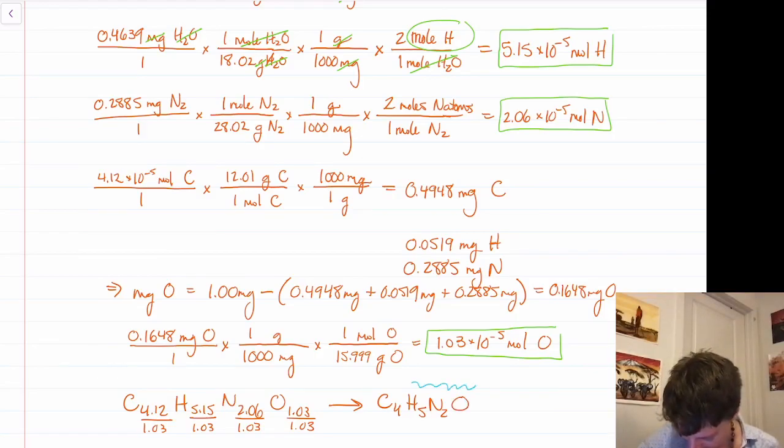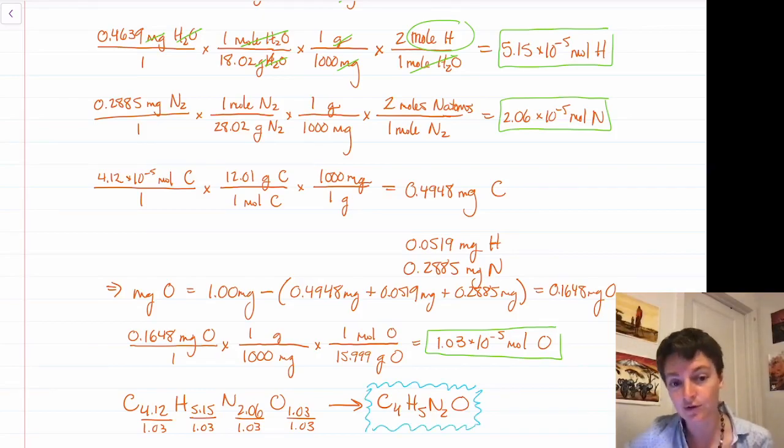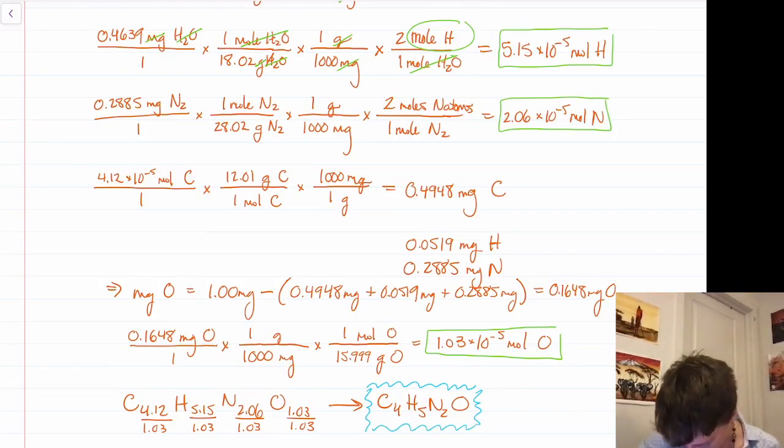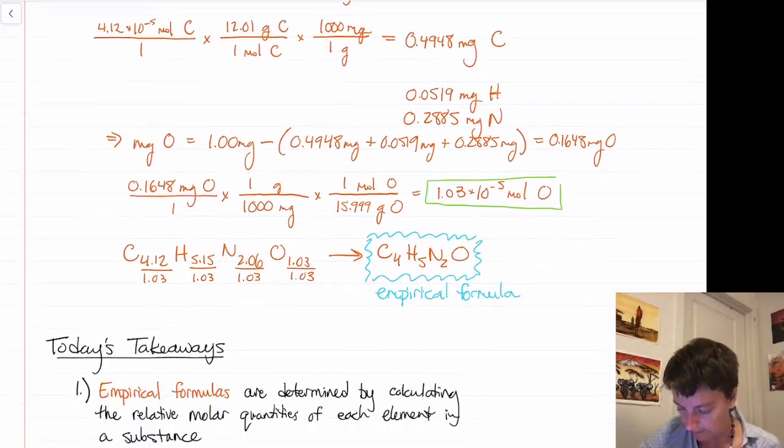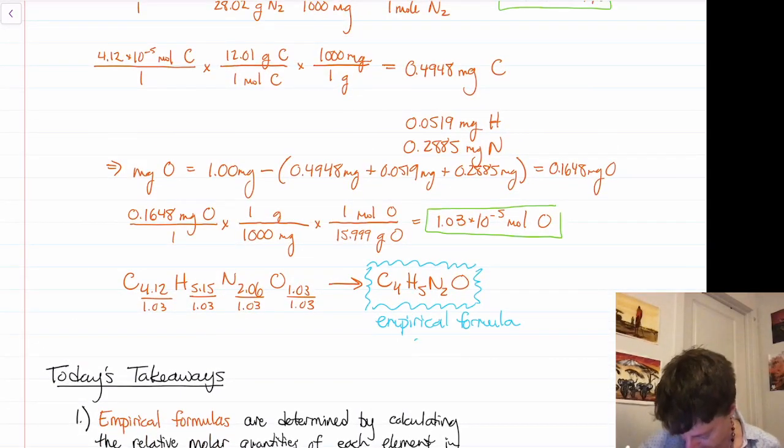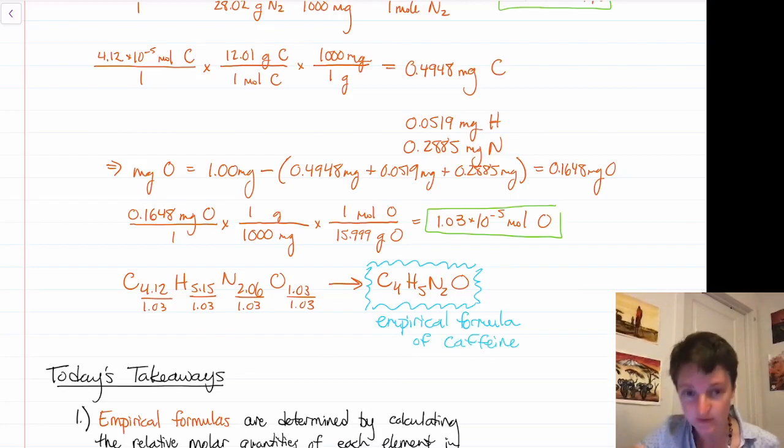And so that was a challenging amount of work, right? However, this is the actual process that chemists have to go through in order to determine the empirical formulas that we're interested in. And so hopefully you can see with combustion analysis how it is that we can use a real experiment to determine empirical formulas, in this case, of a molecule that we all kind of know and love.